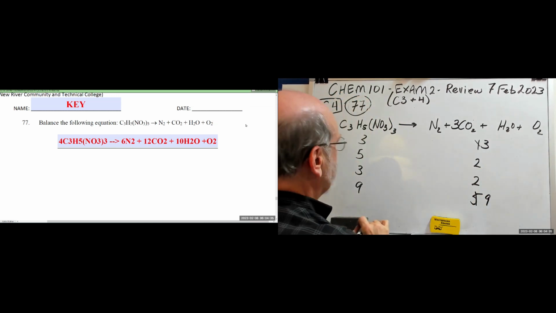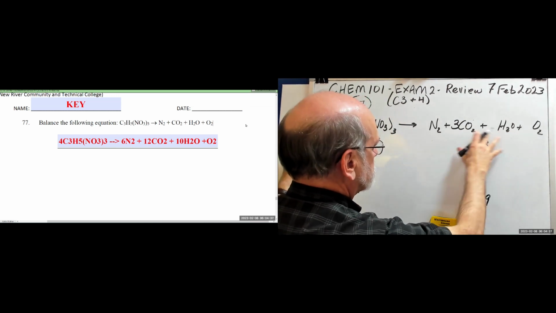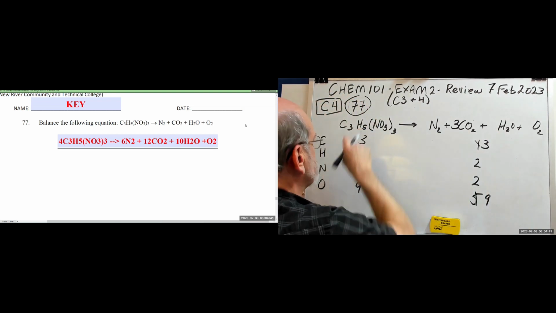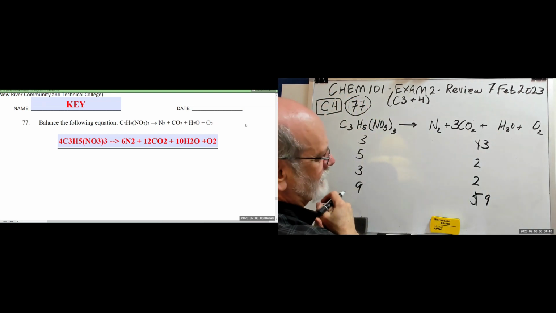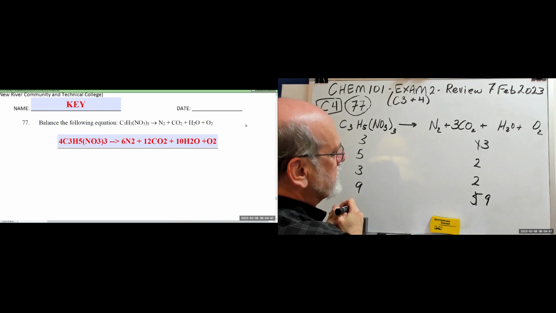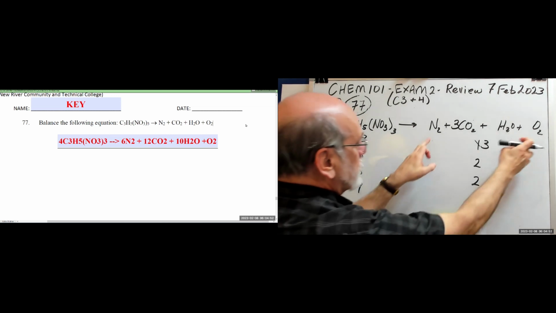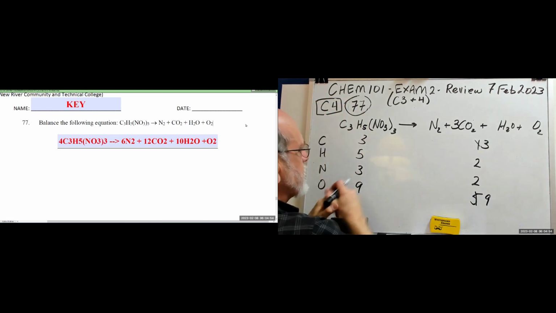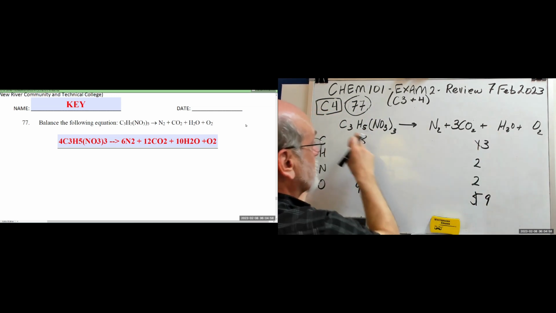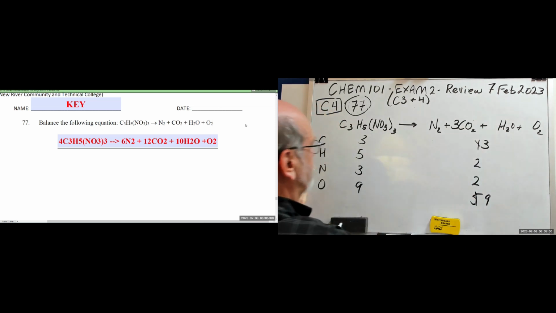Okay. How about hydrogens? There are 2 hydrogens here. There are 5 hydrogens here. Let's hold that one and see. Well, no, we got to deal with it, right? Because we got to hold these till last. So how do you get 5 and 2 out of these? Well, we could multiply this by 2 and multiply that by 5.